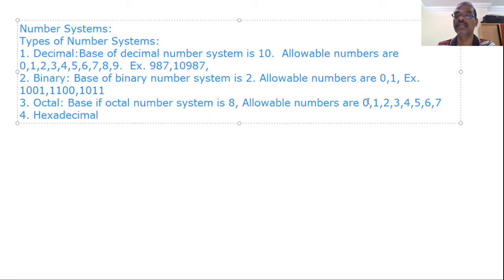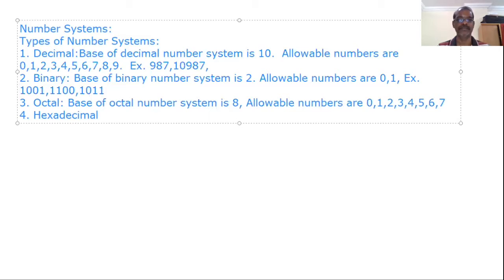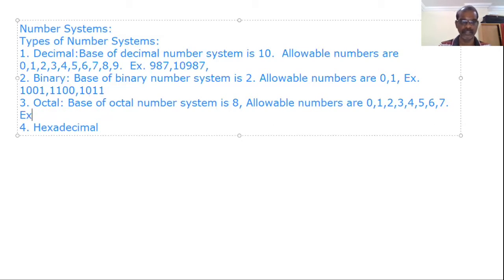Since 8 numbers are allowed here, the base of the octal number system is 8. Example, 1, 7 or 6, 5, 6. This is not correct, since we are having 9 and 8.